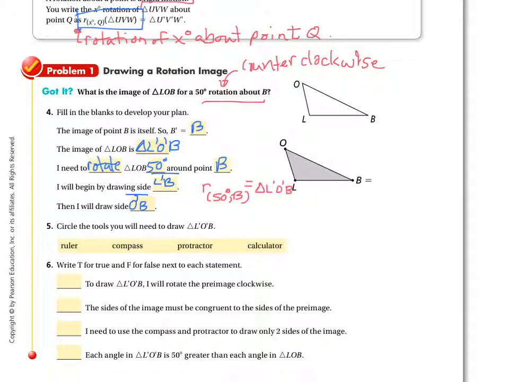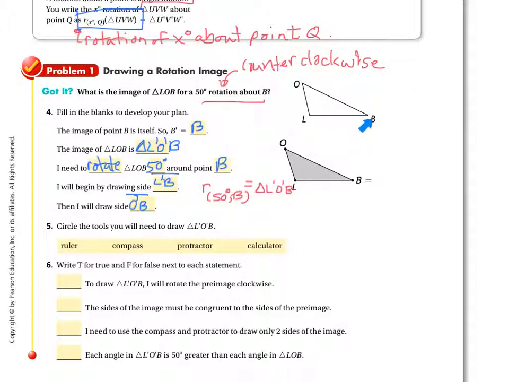You can turn your paper so that your triangle's upside down. So turn your paper 180 degrees.